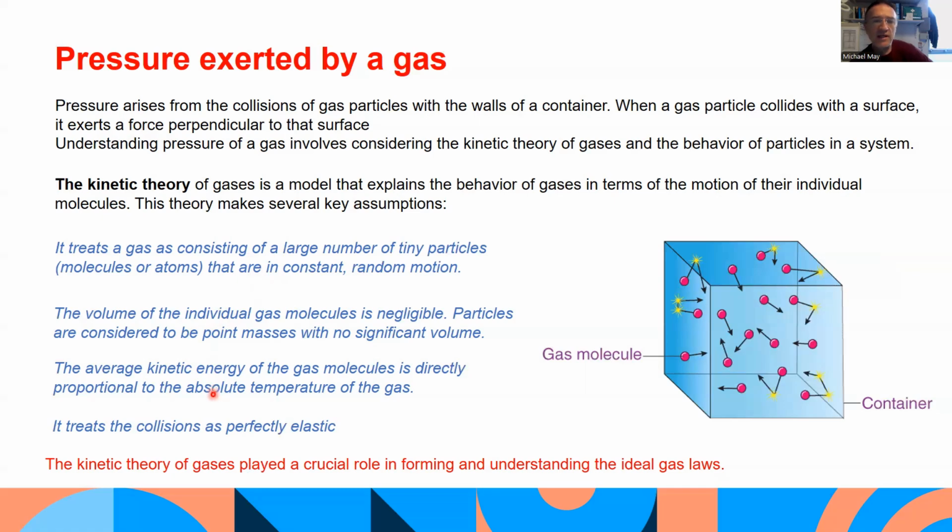The average kinetic energy of the gas molecules is directly proportional to the absolute temperature of the gas, and it treats the collisions as perfectly elastic. So they're just some of the examples of the assumptions that we make when we're dealing with gas molecules. They're covered under the kinetic theory of gases, and they play a crucial role in forming what we call the ideal gas laws that help us calculate the properties of a gas as it undergoes a thermodynamic process.